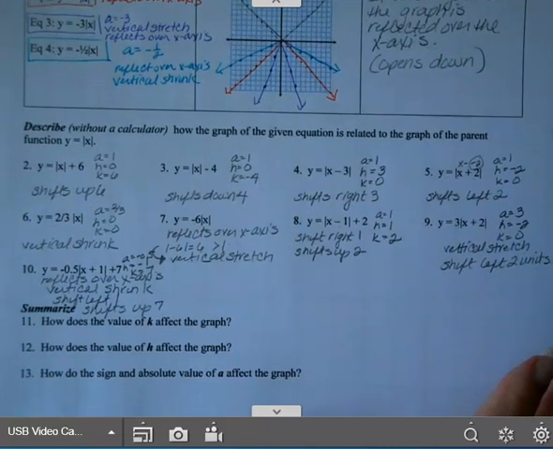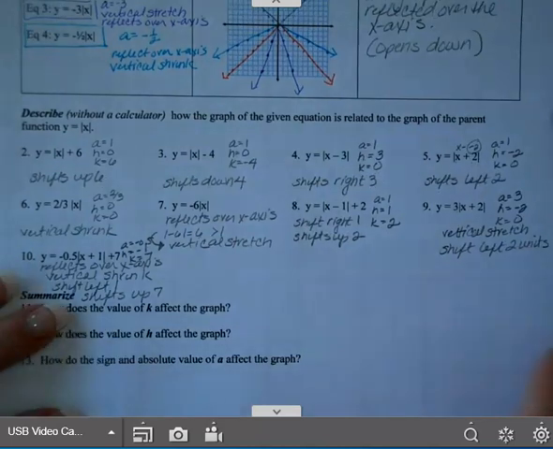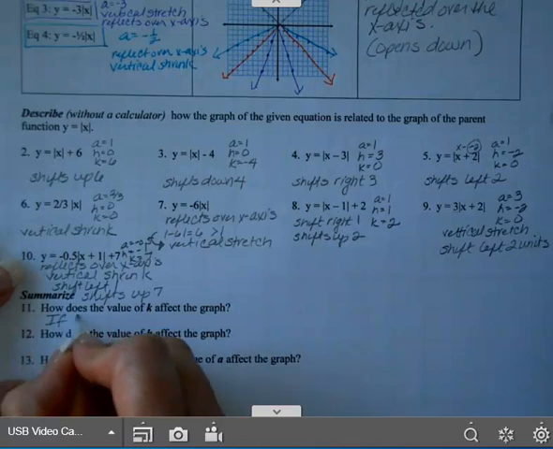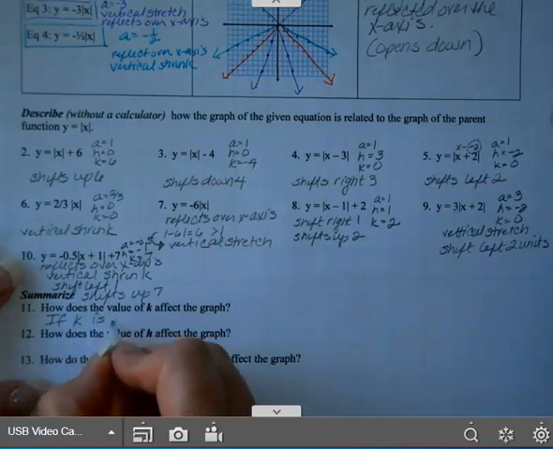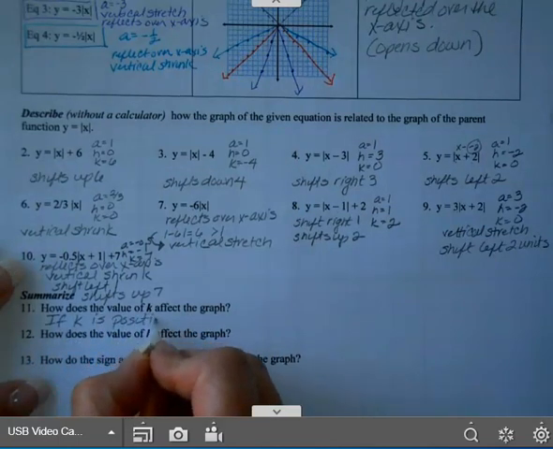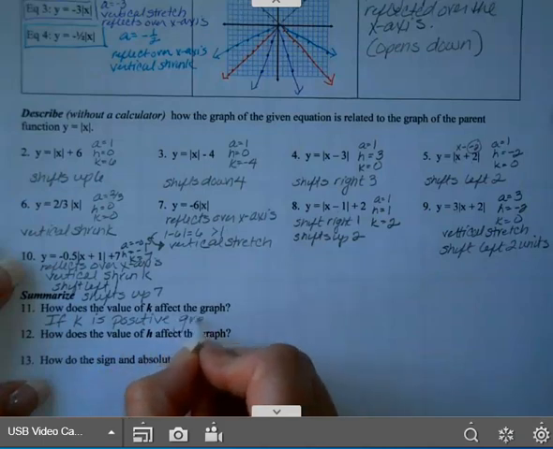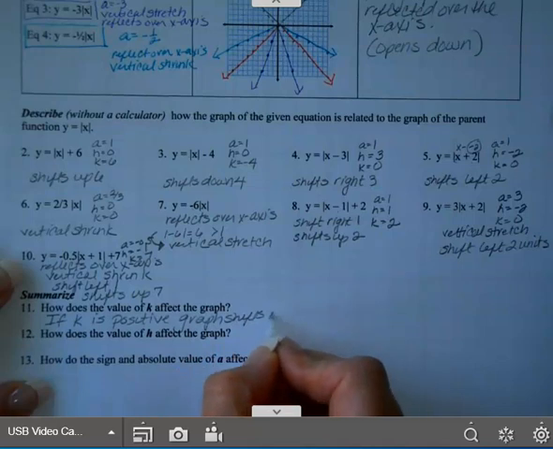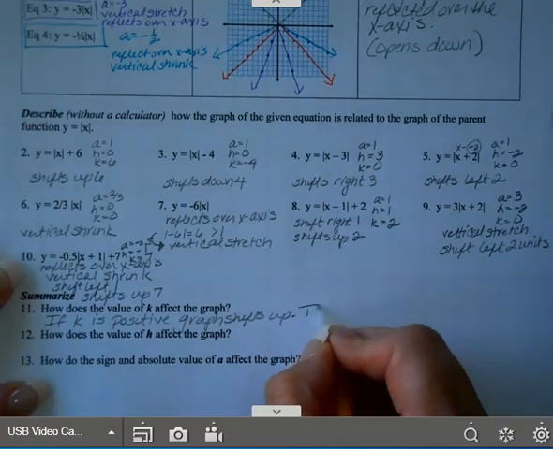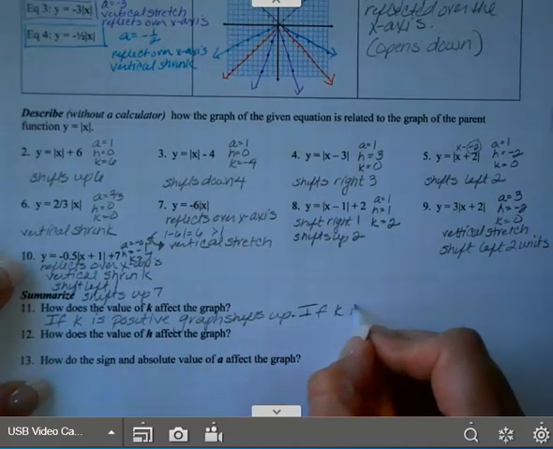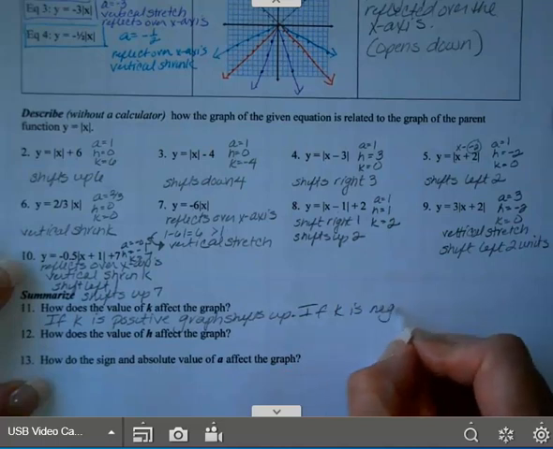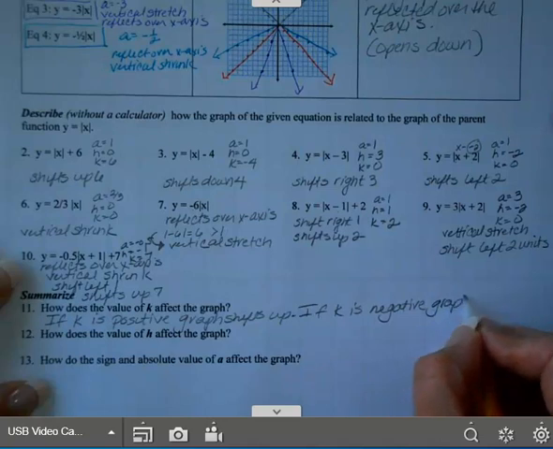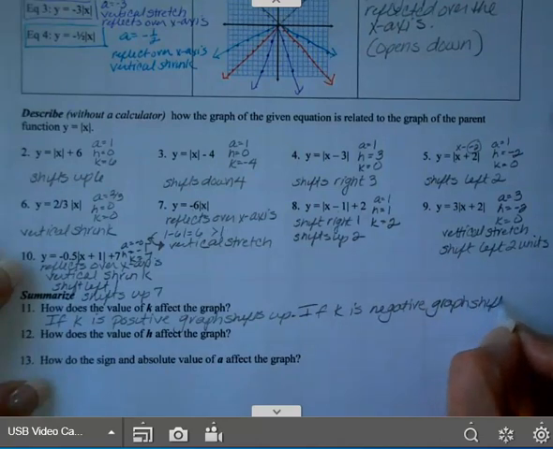Okay, summarizing everything that we have done. If K is positive, graph shifts up. If K is negative, graph shifts down.